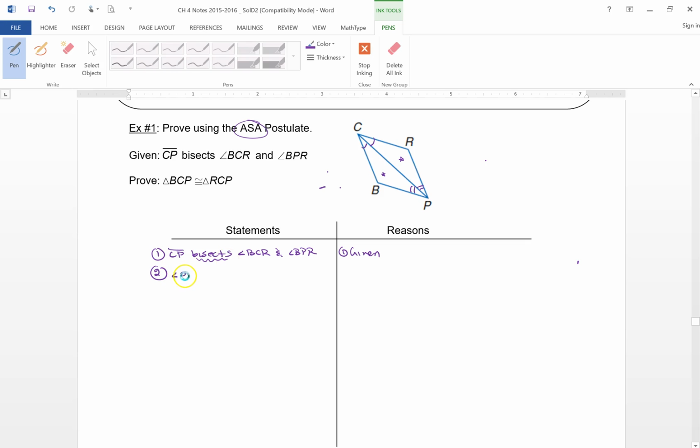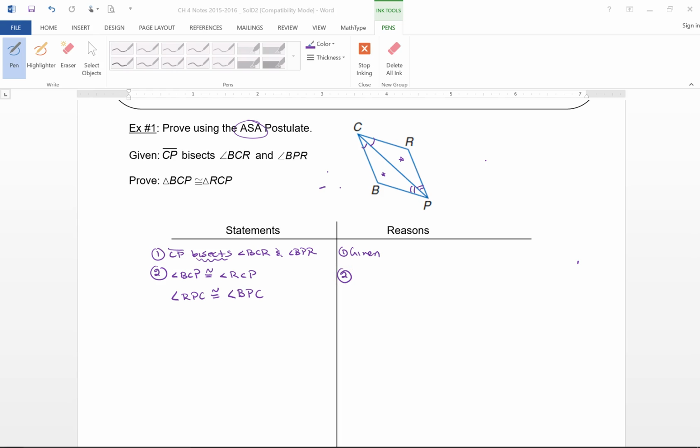So angle BCP is congruent to angle RCP, and also angle RPC is congruent to angle BPC. And what reason would I give for this? Definition of angle bisector. Right? So it follows directly from the step above.